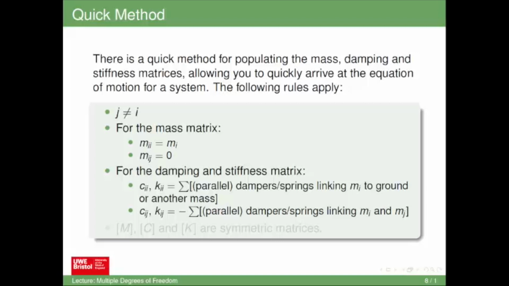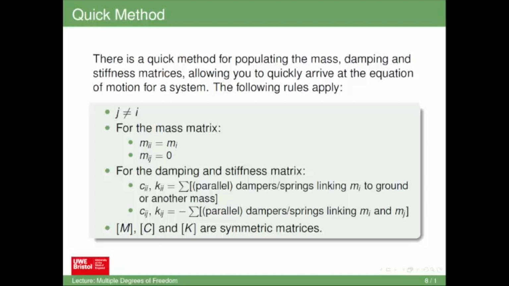And then you end up with your M, C and K. They are symmetrical matrices. If you do this method and you end up with something that's not symmetrical, symmetrical meaning around the diagonal they're the same, because between mass 1 and mass 2 is the same thing as between mass 2 and mass 1, so there are two elements that are the same. If they're not symmetric, then obviously you've made a mistake.